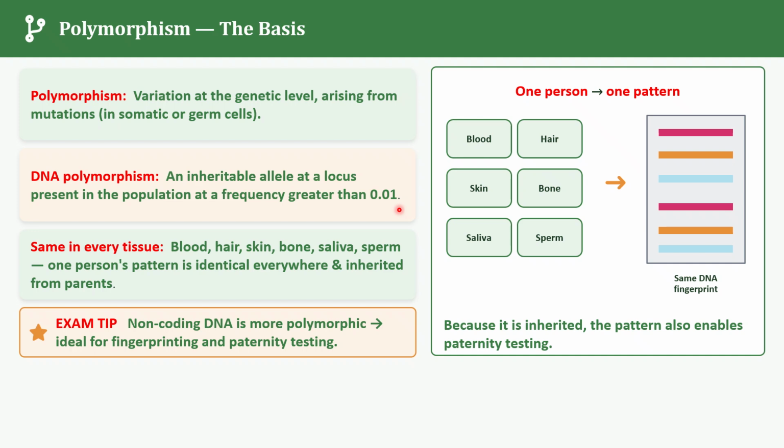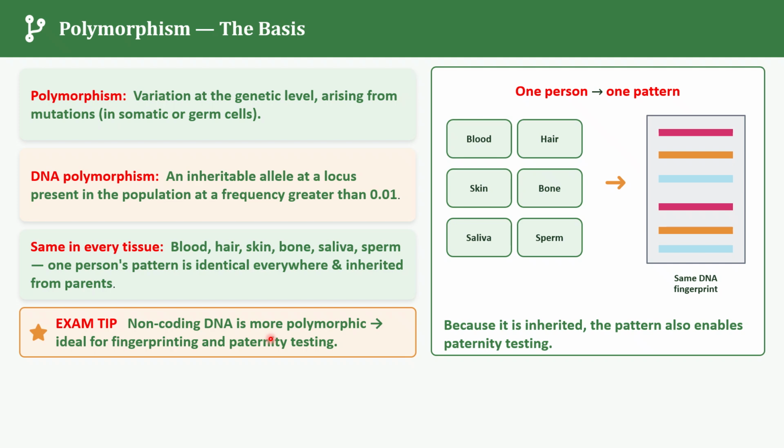The non-coding DNA generally shows greater polymorphism. Why? Because mutation in these regions may not have an immediate effect on reproductive ability, so it is just passed over the generations.